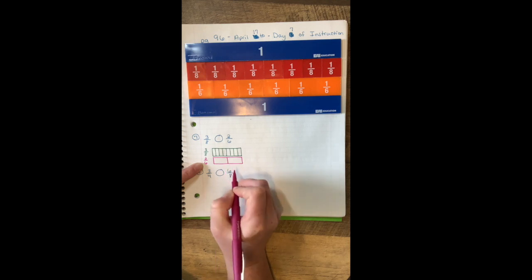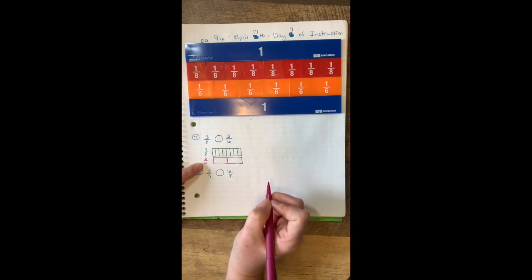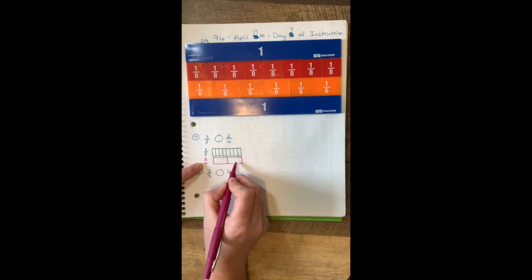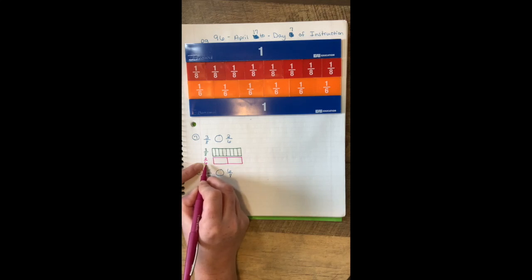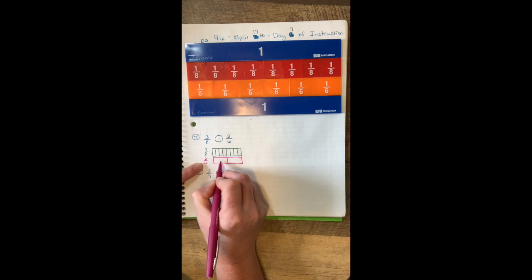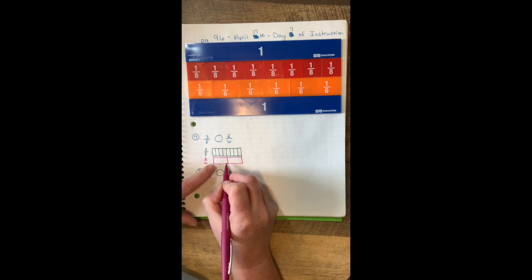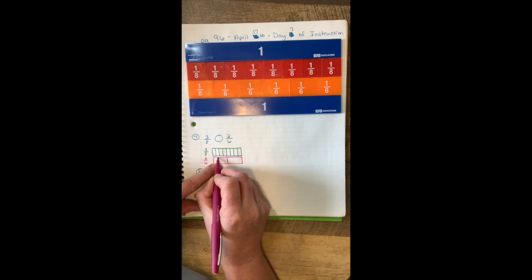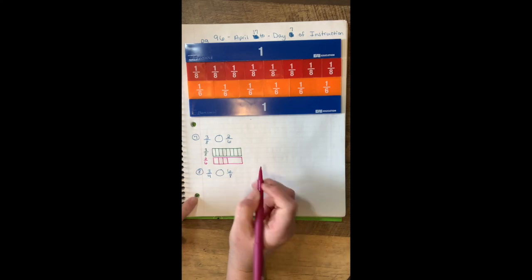I always ask myself if it's even, so I can cut it in half. What number plus what number gives me 6? And it has to be the same number. Correct, 3. So I need 3 over here and 3 over here. Now 3 is not an even number, so you have to kind of figure it out with your fingers and do the best that you can.